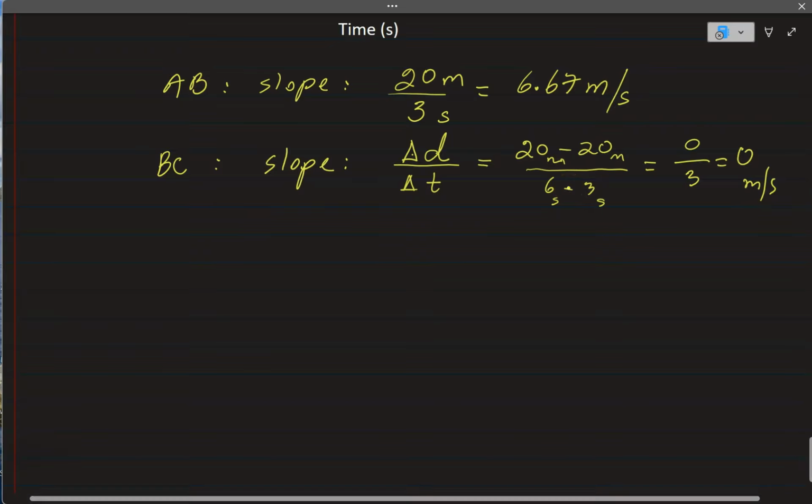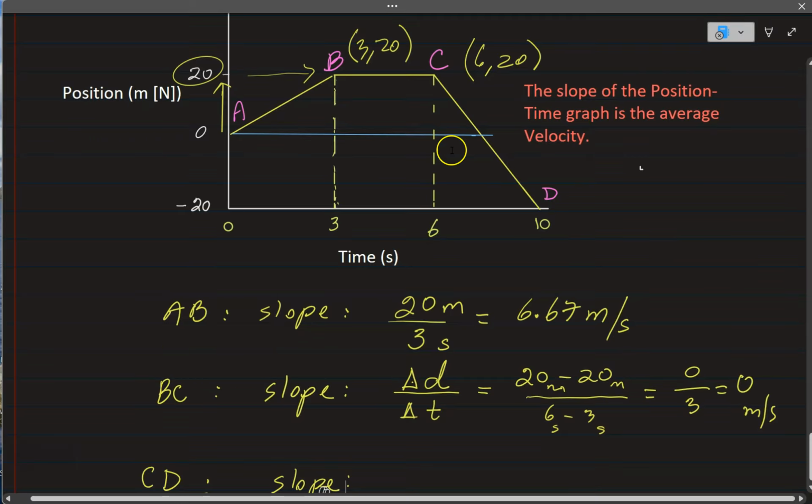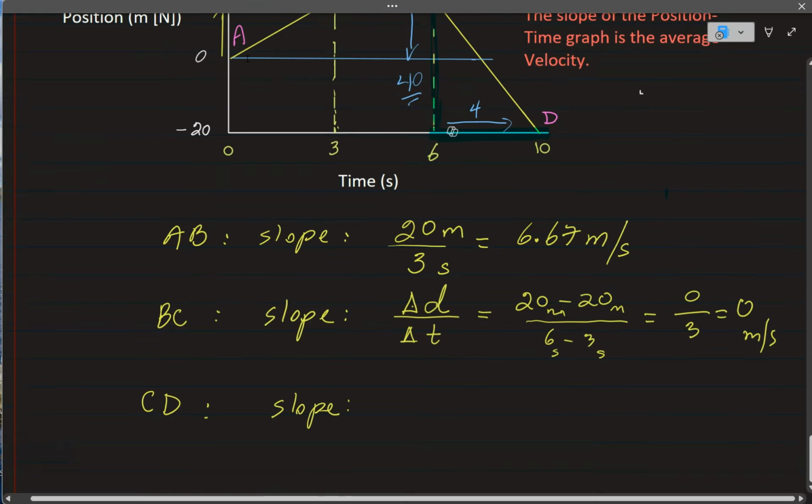So let's go ahead with CD and the slope. You're coming down from 20 to negative 20. That's 40, the distance you're dropping from C all the way down to the bottom, and then over 4. So let's write it.